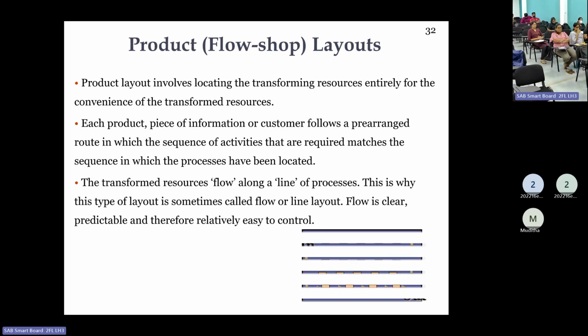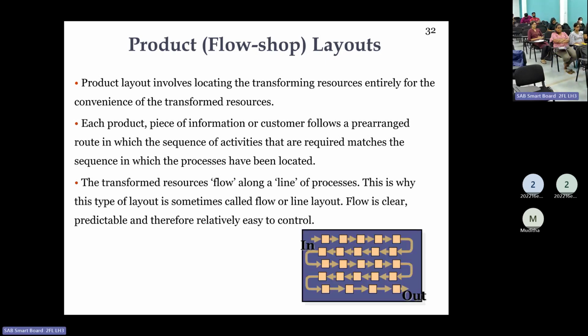Now, what you see here is an exact product-oriented layout that has a definite starting point, and then workstations are arranged next to each other and connected to each other, and that's a unique straight flow, and then one ending.